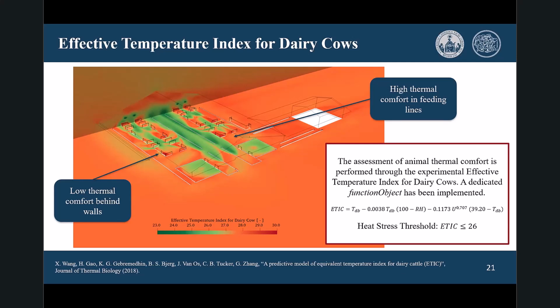We also have some problems, of course. You can see that we have a very strong ventilation in the central region. In the feeding line, we have just few animals and we have lots of fans. Of course, in this configuration, we are providing a very high air change rate to very few animals.